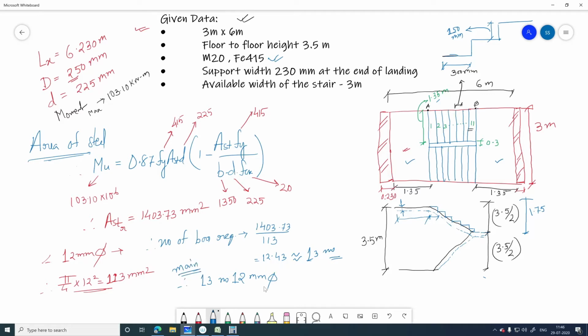Now when we determine the main reinforcement, 13 number 12 mm dia, this is the area of steel provided, that means AST provided.